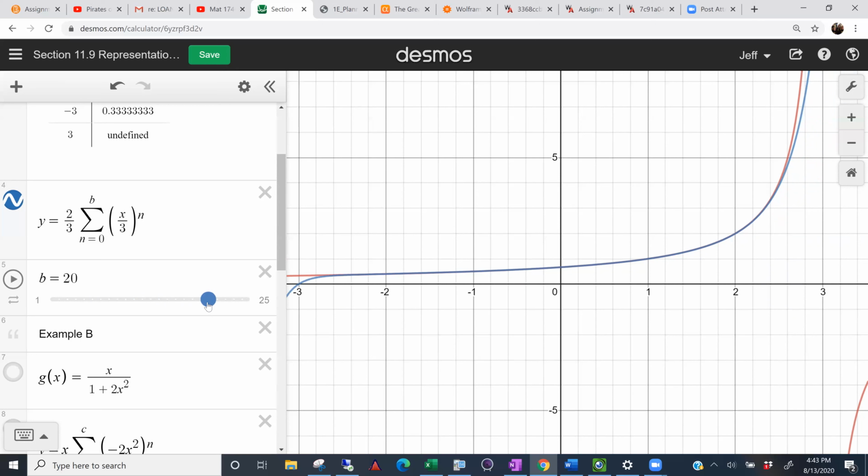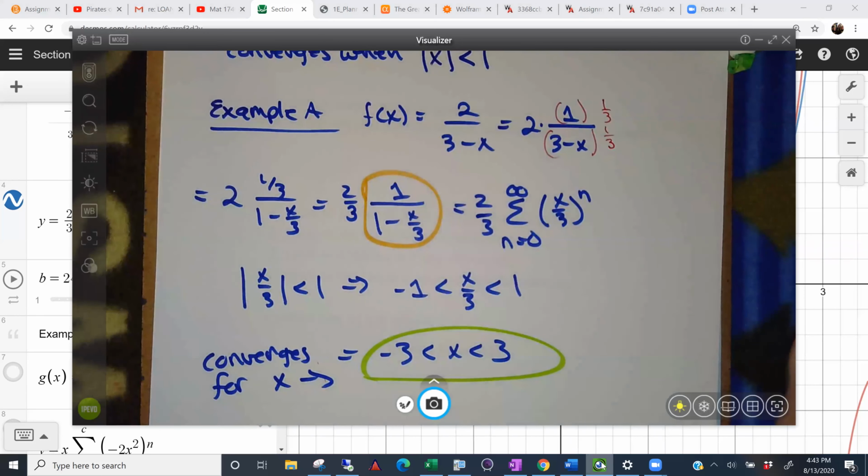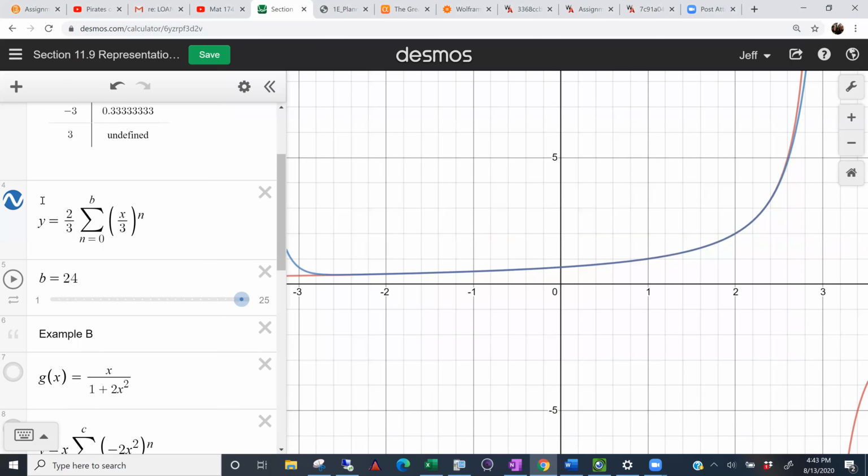As we increase the degree of our polynomial, this approximation gets better and better for a wider range of x's. So we didn't quite get convergence for values of x near -3, but we didn't expect that, because keep in mind, this only converges for x between -3 and 3. So at the endpoints, we're going to struggle a little bit, but overall, it does a pretty remarkable job.